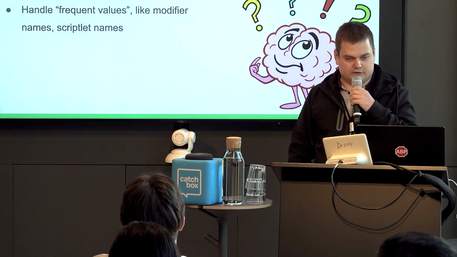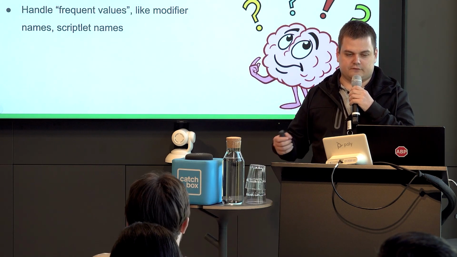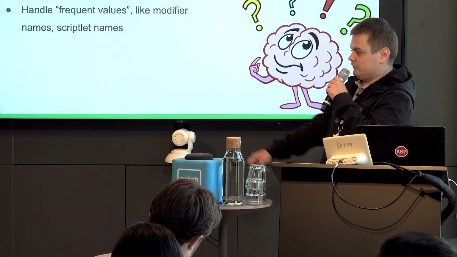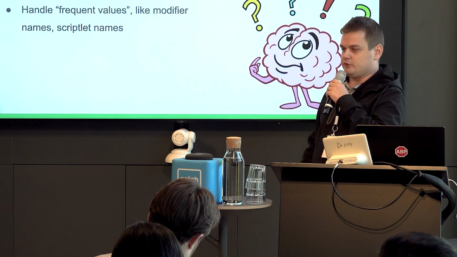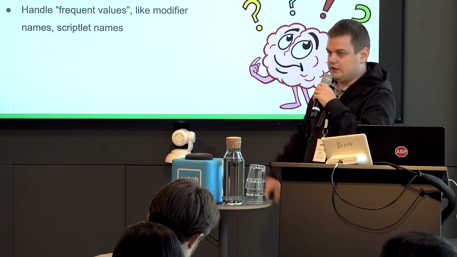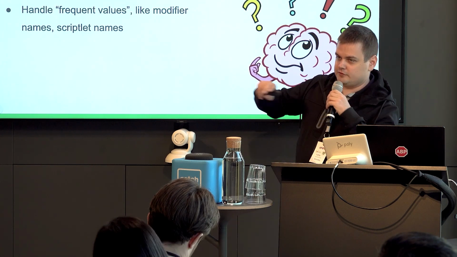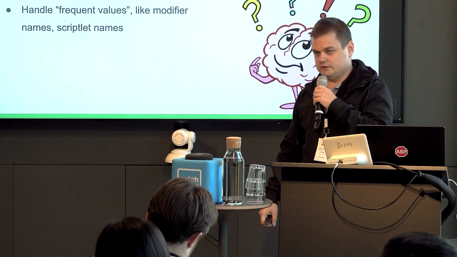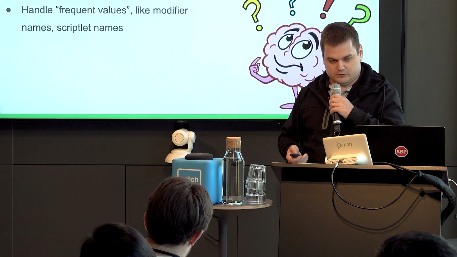This approach we just call frequent values, and it helps a lot in optimizing storage usage. Because, for example, what I showed before, binary JSON writes everything as is. But these frequent values can help a lot.